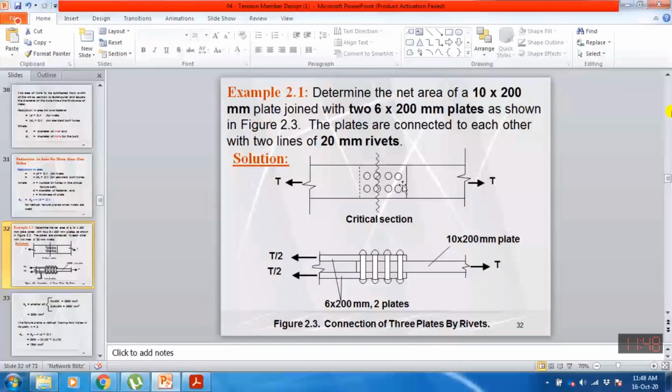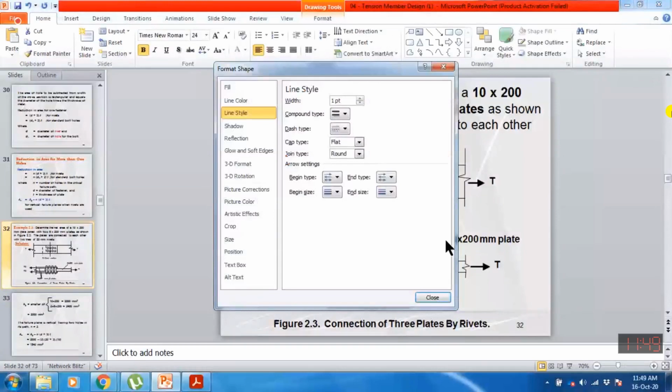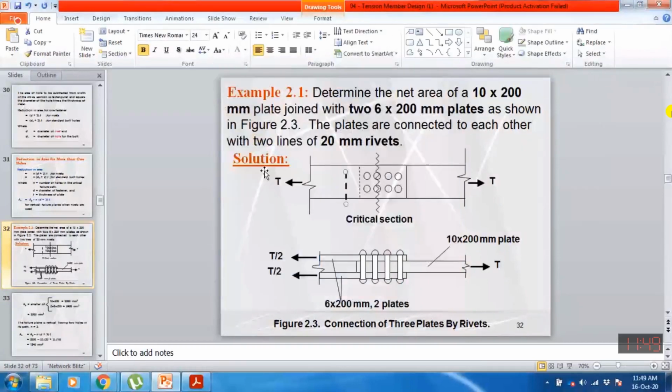So we have provided 4 bolts in one line and 2 lines are provided, but at any cross section, because a tension member will always break perpendicular to the length, if I consider, for example, this cross section, or this one, or this one, at any cross section only 2 holes are passing. It means that at any cross section we have to consider two holes.